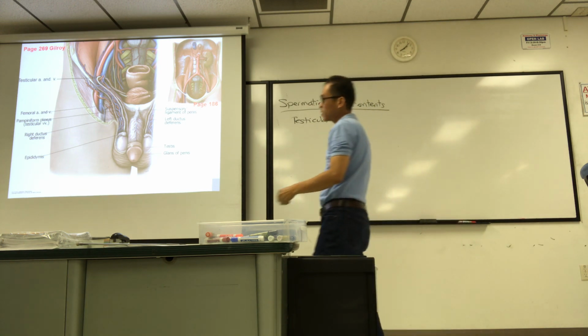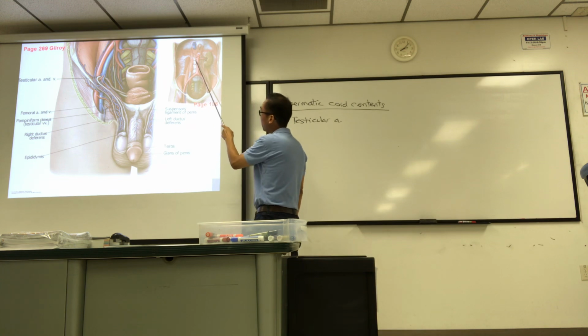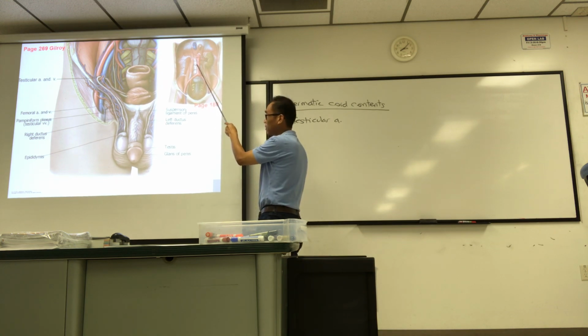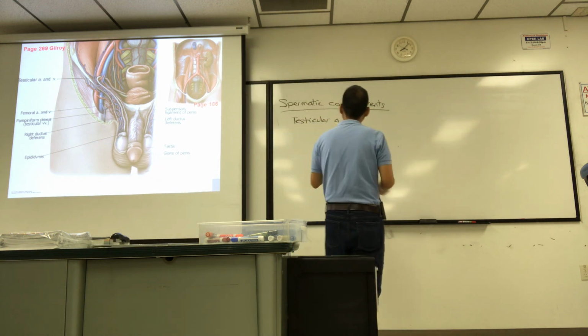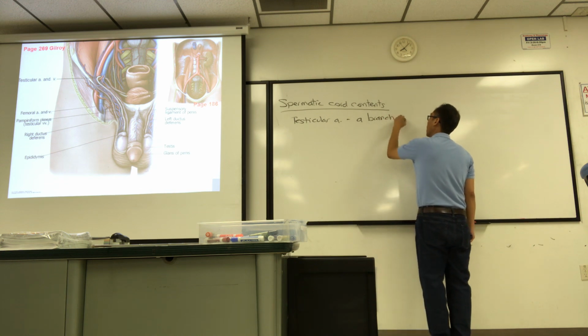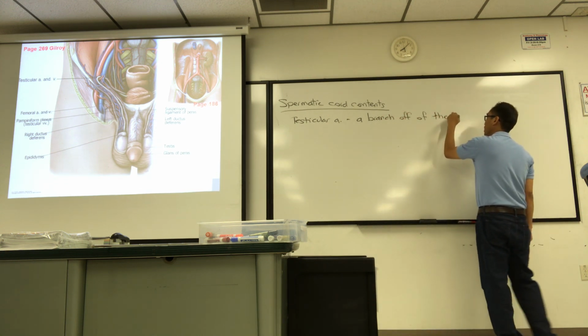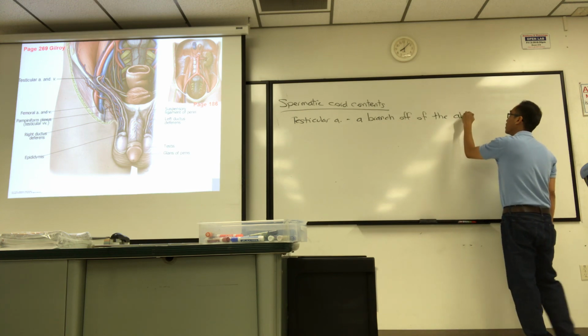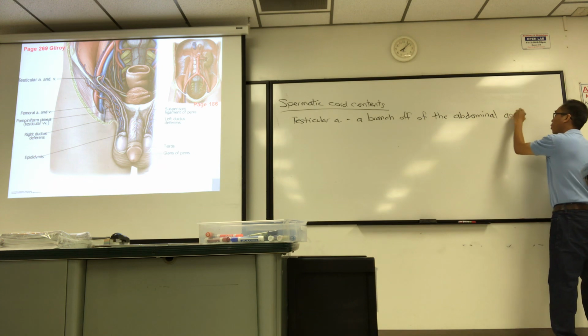And you can see that the testicular artery is a branch off the abdominal aorta. So that's why I included this picture there. I want you to know what it branches off of: the abdominal aorta.